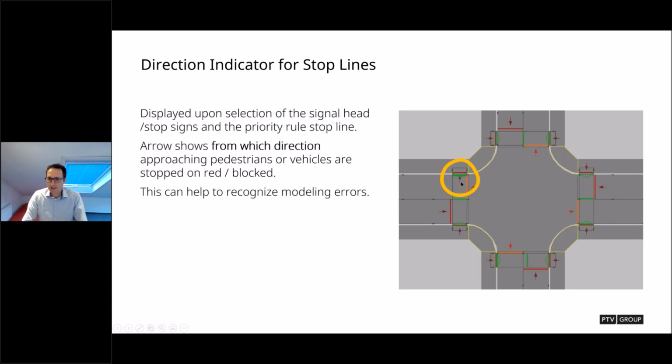So this is now clearly showing from which direction. So here's a mistake. Pedestrians don't need to stop when leaving the road, they need to stop when coming to the road. So you may see these modeling errors more easily than before, as here everything is correct.